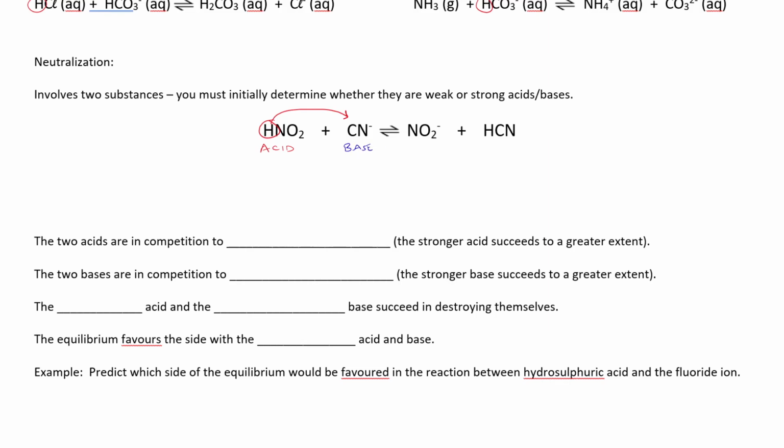After HNO2 has donated its proton, it becomes NO2 minus, the conjugate base, whereas CN minus becomes HCN, and so therefore it is the conjugate acid.